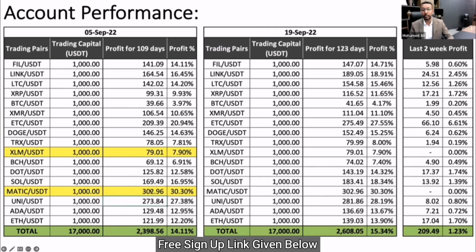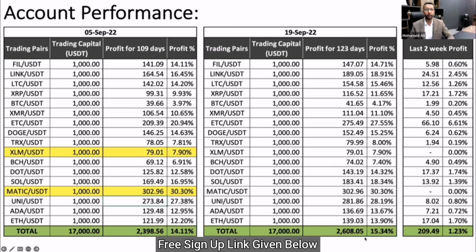That's one of the reasons we postponed the performance review in the last call, because we wanted to ensure these numbers were corrected. So right now, for the total account performance of 123 days, there were 2 days which were off. So we are talking about 121 days, and the account has made 15.34% on average.